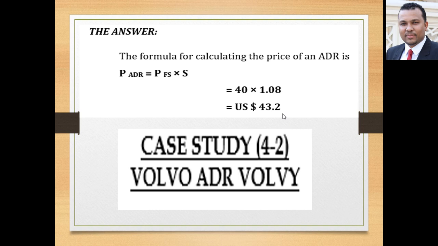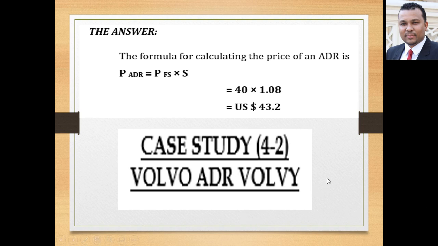Next, our case study number 2 on page 176, we talk about Volvo ADR. Volvo ADR we can call Volvi. Volvi refers to Volvo ADR. Volvo is a Swedish car maker, a producer of commercial transport. Volvo trades in the US on the Nasdaq under the ticker Volvi.